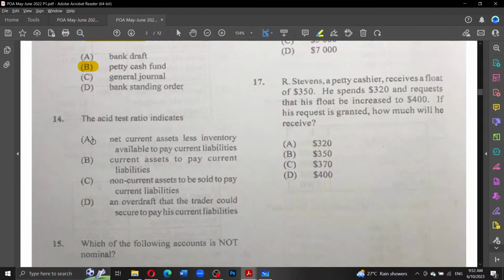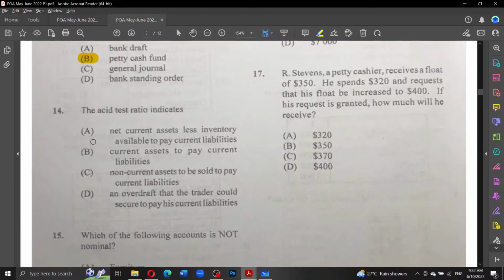Acid test ratio indicates net current asset less inventory available to pay current liabilities. Alright, so this here is actually the formula, but let's go through the rest. Current asset to pay current liability. This here is not acid test ratio, that there is a current ratio. Non-current asset to be sold to pay current liability.